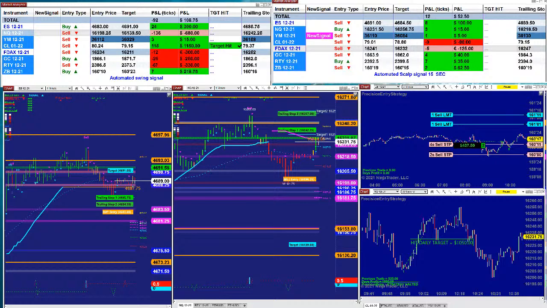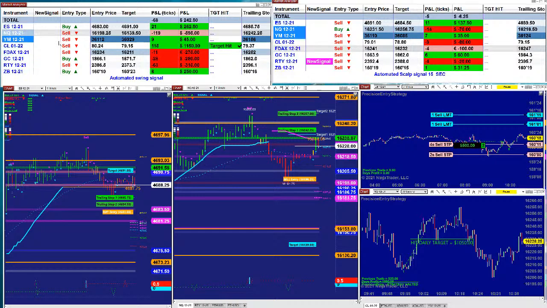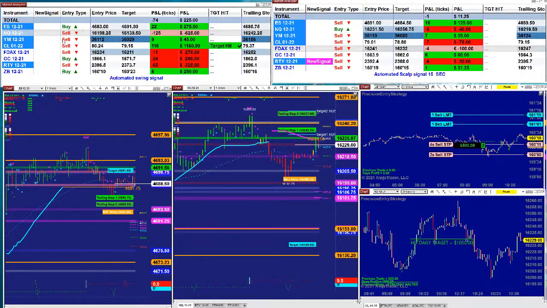Please be careful here. Look, the ES is a buy signal, Nasdaq is a sell signal, YM is a sell signal. When there is confusion here and they're not synchronized with each other, this means you have a problem right there.